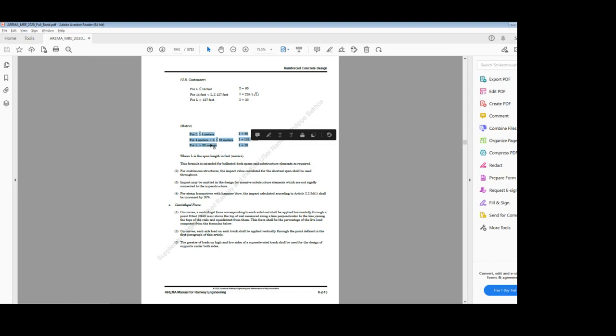This is basically for a bridge structure, a structure having expansion joints, a structure having no fill. This equation is for bridge structures. For culvert structures, for structures having fill depth, they have given a different equation in chapter 16. I know the page numbers, so I have moved directly to this portion.